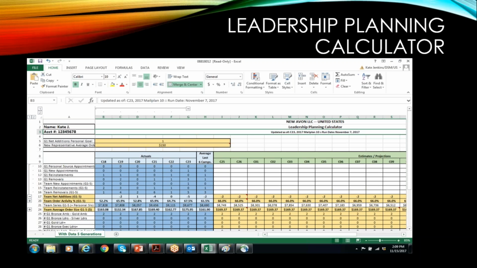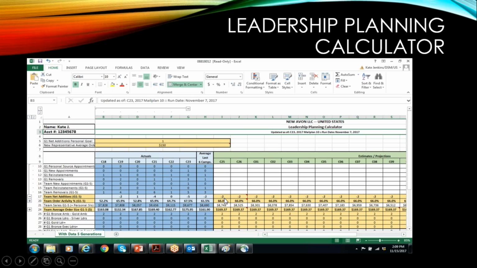Well, I'm telling you, it's an awesome tool. Because if you look at it right here, and this is just a screenshot, what you can do is go into the following campaigns, and when you pull it up, Avon already fills in your current numbers in the blue portion over here, and then it will put the new campaigns in the green portion.